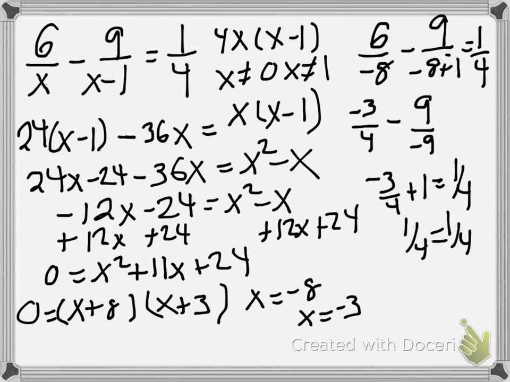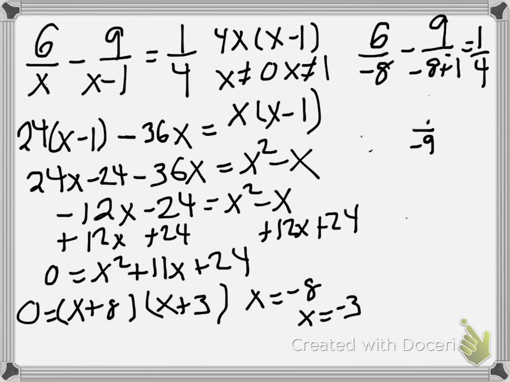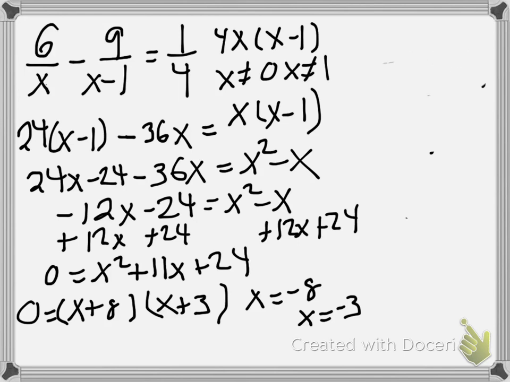All right, so we still need to check negative 3. Okay. So to plug in negative 3, I get 6 over negative 3 minus 9 over negative 3 minus 1, again, should equal 1/4.